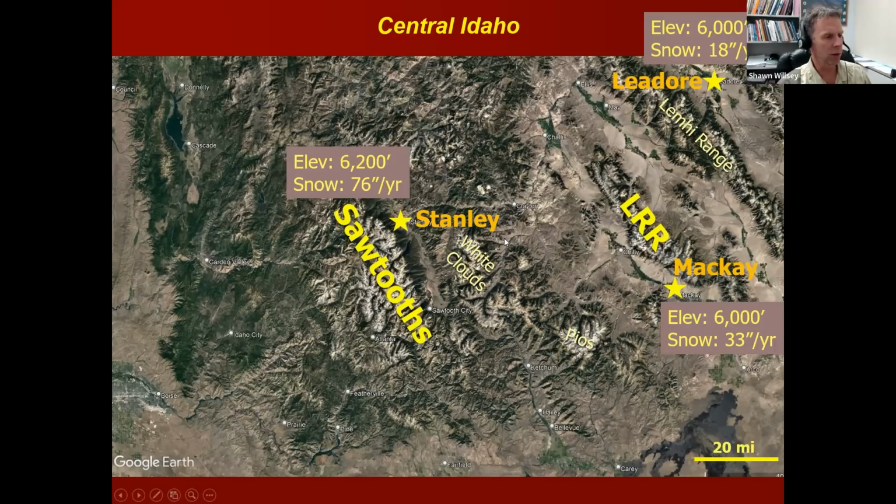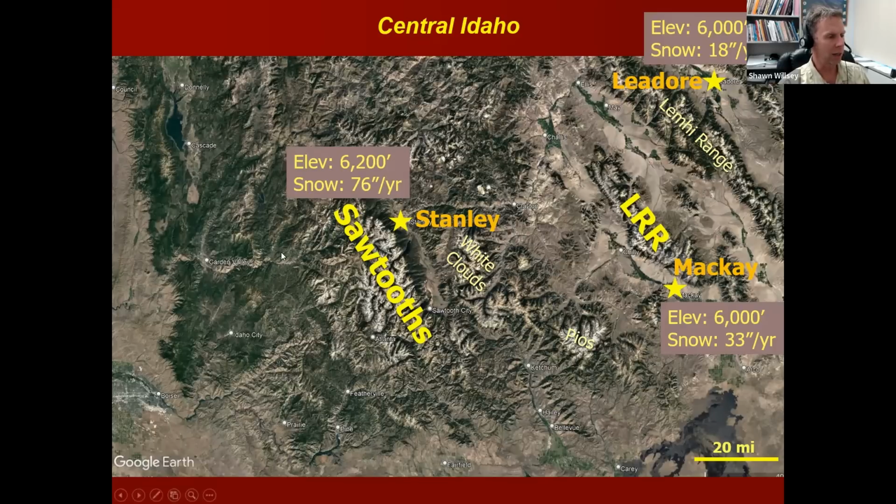As it drifts over here, and this isn't very far, maybe 50, 60 miles from one mountain range to the next, as they get over here to the Lost Rivers, they've got a lot less moisture, and so they drop less snow. And by the time they get over the Lemhi Range, another big mountain range with 11, 12,000 foot peaks, into the next valley over here by Leadore, they have even less moisture to fall from the sky.